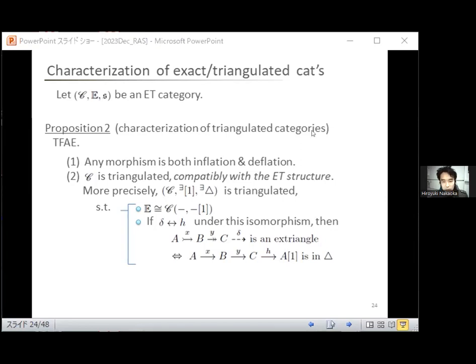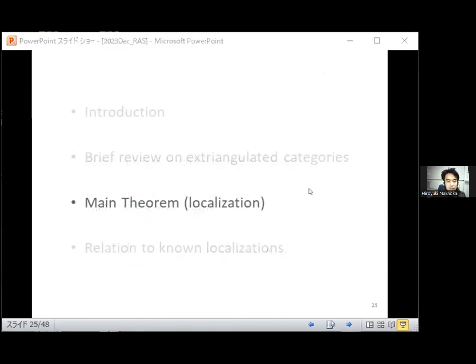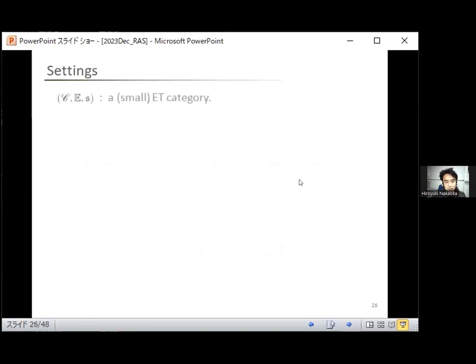And now let me move to our main part. For the settings, firstly, let C be an ET category, which I assume to be small from now on. Now we want to localize C, so let S be a class of morphisms in C. So it is a class of morphisms to be inverted.